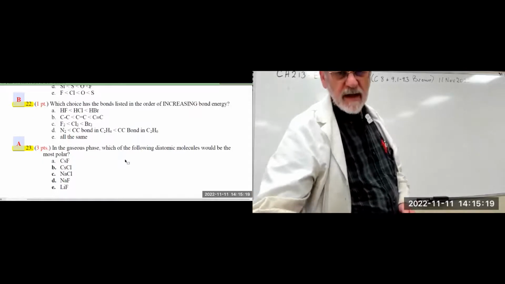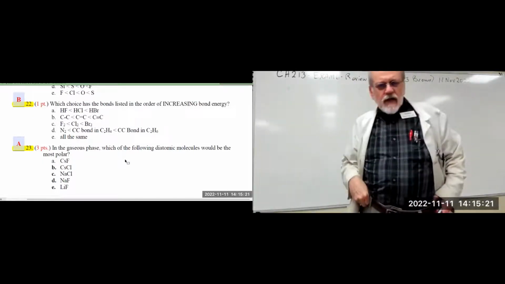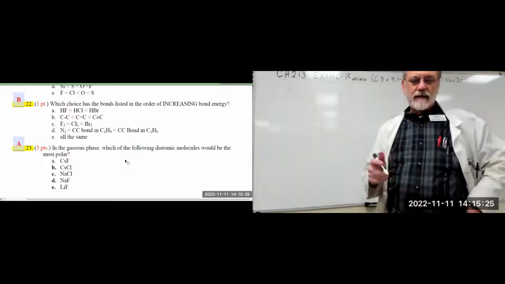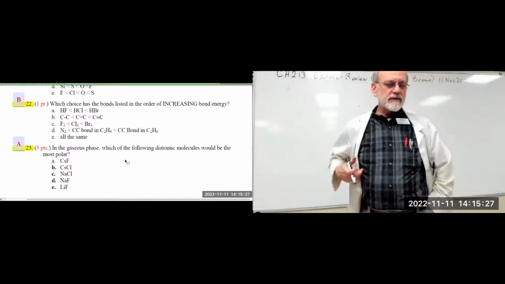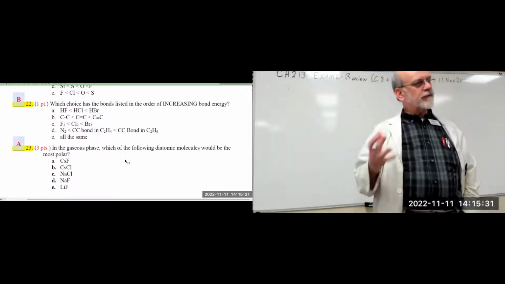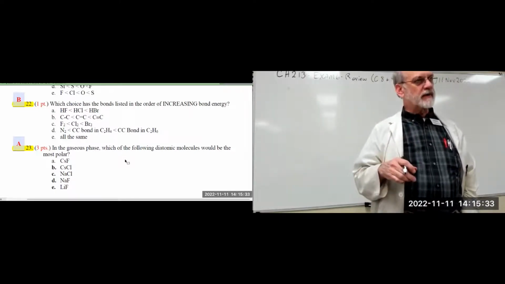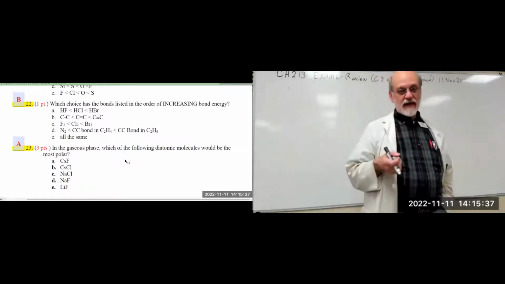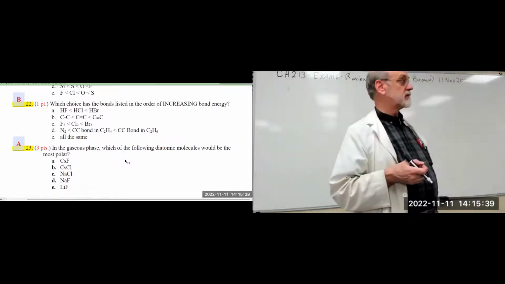23. In the gas phase, which of the following diatomic molecules will be the most polar? Okay. Here, since we don't have numbers, what we have to do is say which ones are farthest apart on the periodic table. And it should be obvious.